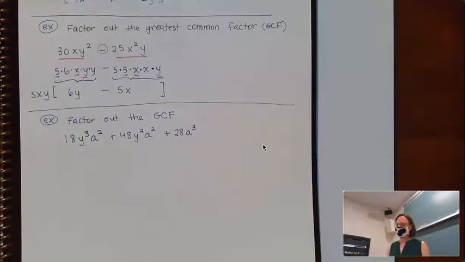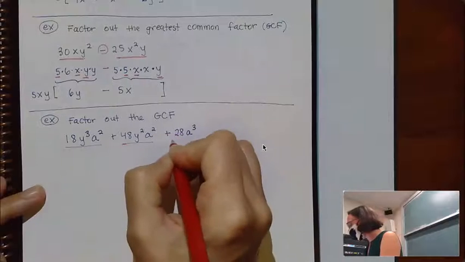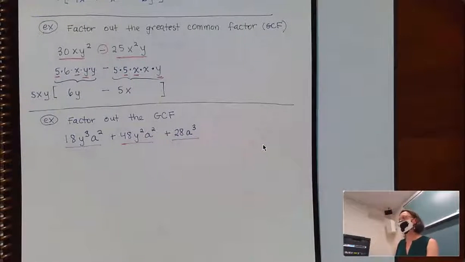Like what's in common number wise? Yeah, so for sure, we're gonna have some A's in common. How many A's do they all have in common? Totally. So I've got 2 A's in common for each term, but there is at least one number that I can pull out also.